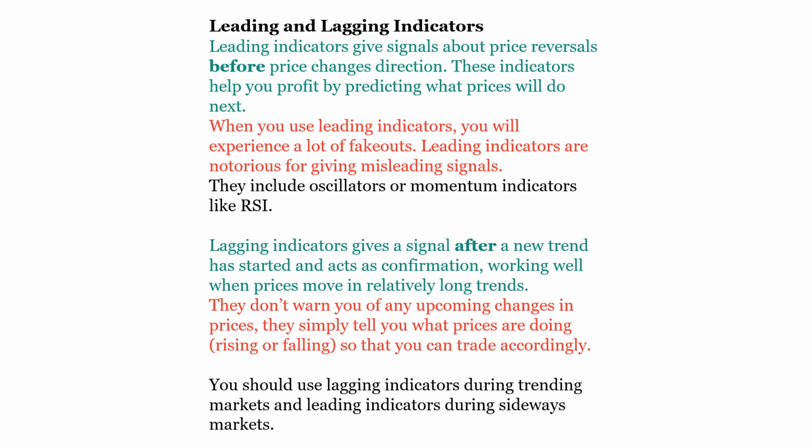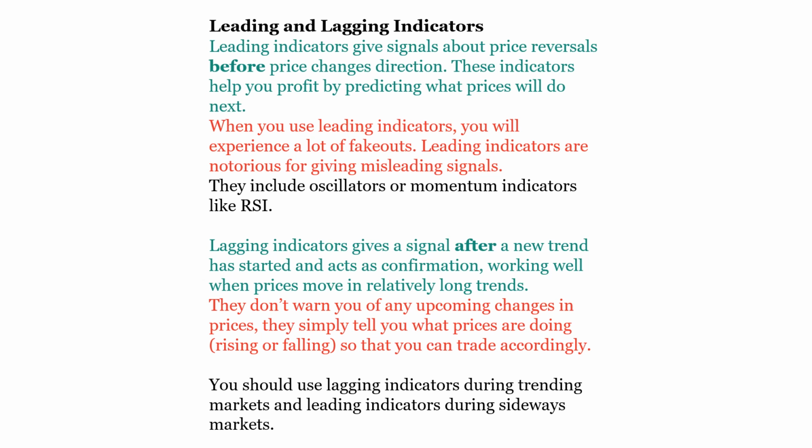Lagging indicators give a signal after a new trend has started and act as confirmation, working well when prices move in relatively long trends. They don't warn you of any upcoming changes in prices. They simply tell you what prices are doing, rising or falling, so that you can trade accordingly.